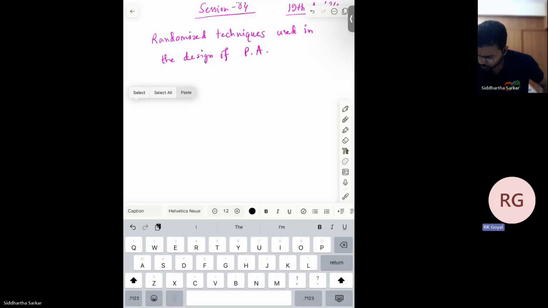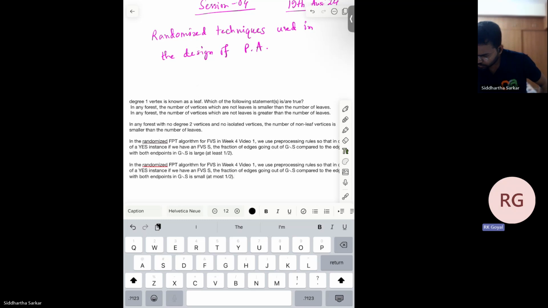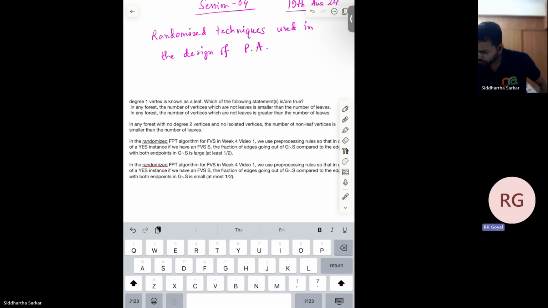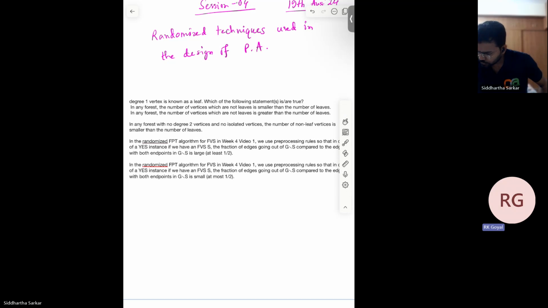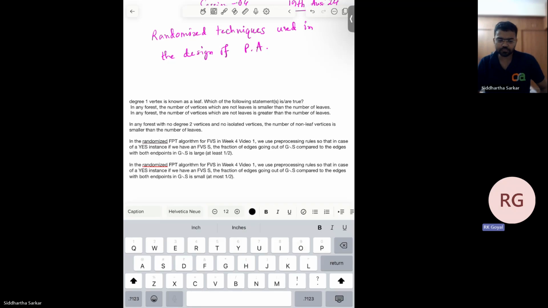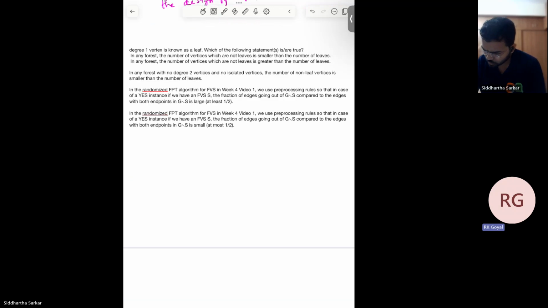The number of the leaves is equal to the number of internal nodes plus one. So the number of the leaves would be higher than the number of the internal nodes. So in that case, choice number one could be correct, that the number of vertices which are not leaves is smaller than the number of the leaves. Yeah, then this seems true.